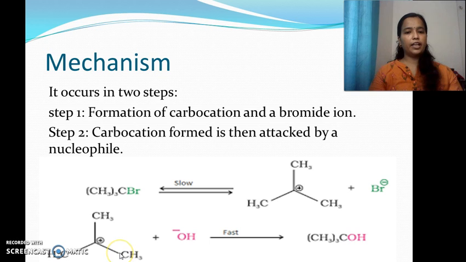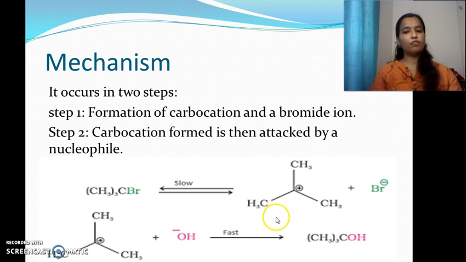And in the next step, the carbocation formed is then attacked by the nucleophile, OH minus here, hydroxide ion. So it is a fast step and it is getting converted to tertiary butyl alcohol, and the reaction is over. So the SN1 mechanism proceeds in two steps.